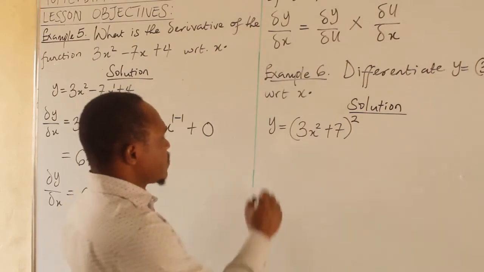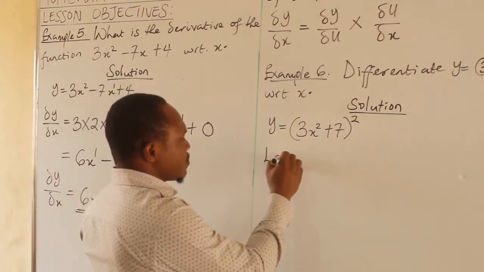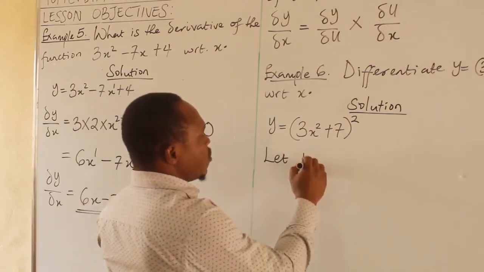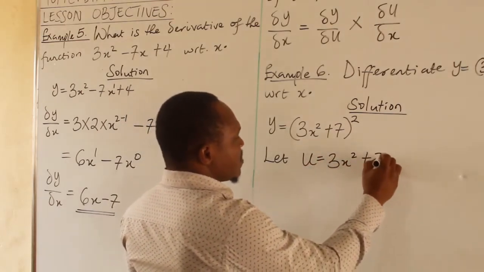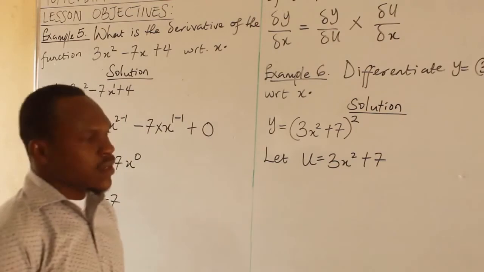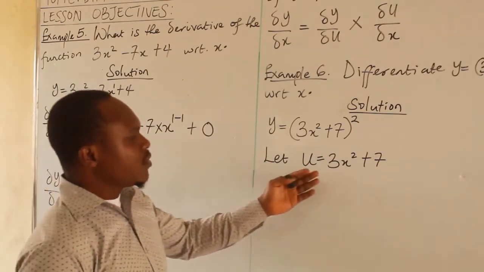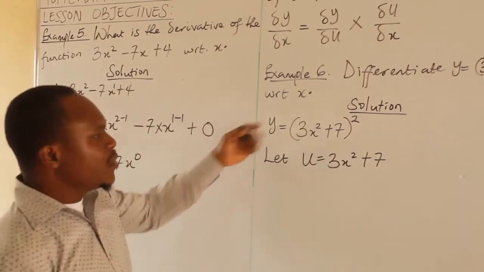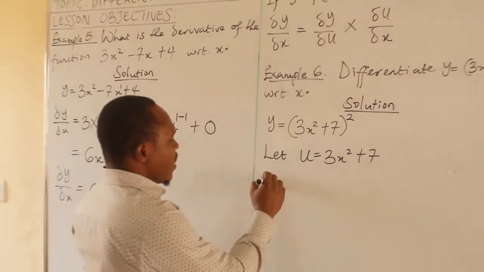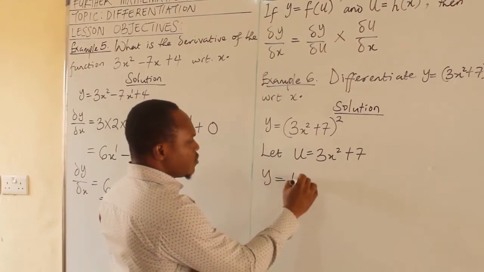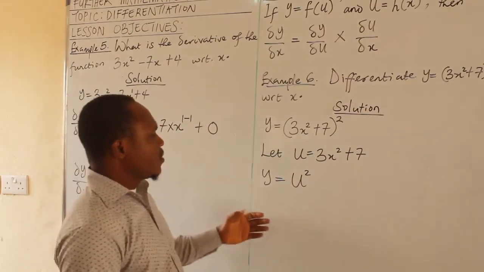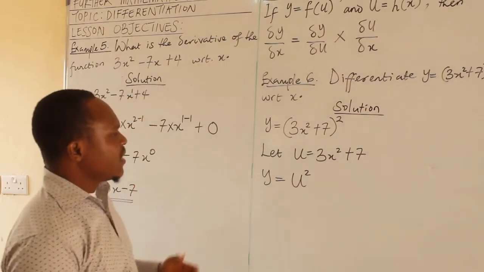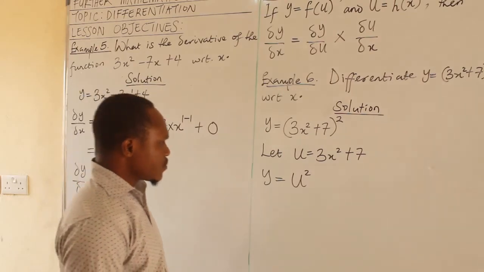So we can say, let u be equal to 3x squared plus 7. If we say let u be equal to 3x squared plus 7, coming over here, we'll now have something like y is equal to u raised to the power 2.